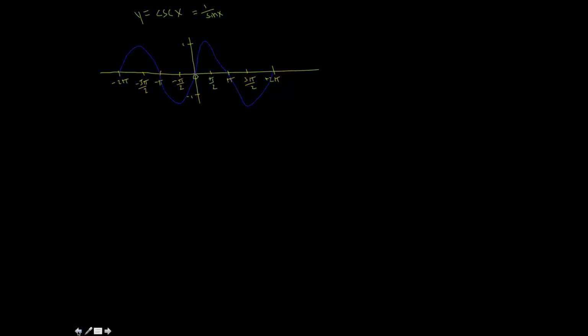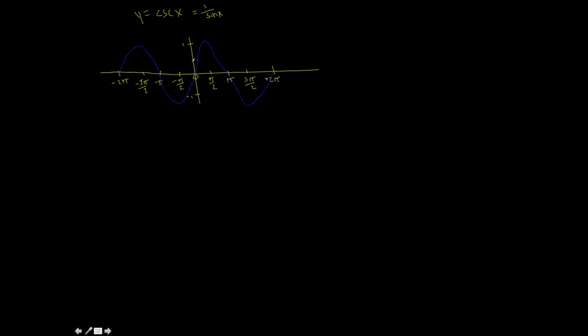Now here's the important thing for you to remember. Because cosecant, which we're now going to try to graph, is a reciprocal of sine, that means anywhere we have an x-intercept is now going to be a vertical asymptote of cosecant.